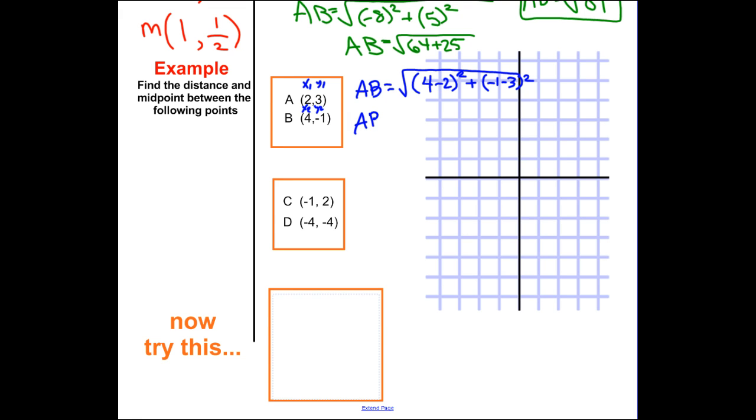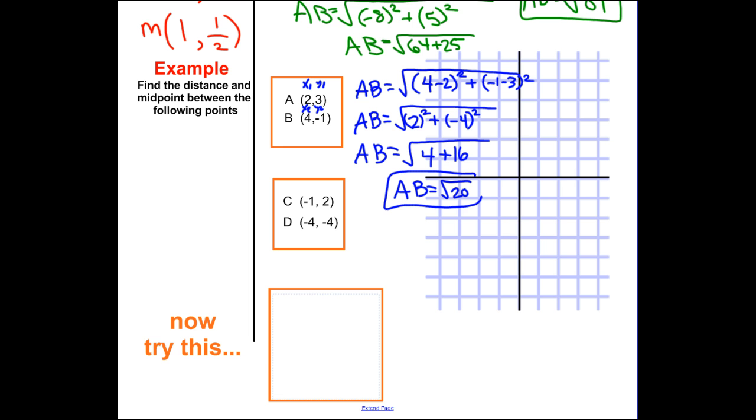So then AB is going to equal the square root of 2 squared plus negative 4 squared. So AB equals the square root of 4 plus 16, which means AB equals the square root of 20. And I'm going to leave it like that because I don't want to get an ugly number.